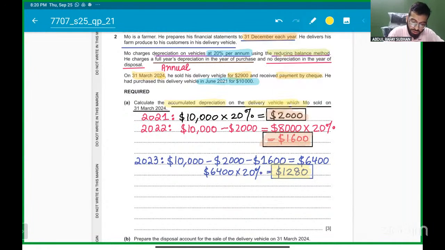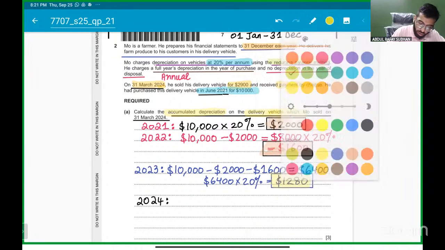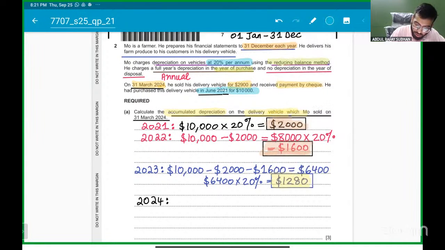And my question to everyone is, do we calculate the depreciation for the year 2024? Because we are selling the asset on 31st March 2024. We bought the asset in June 2021. The date doesn't matter because the month doesn't matter, students. We charge complete depreciation in the year of purchase, and we do not charge any depreciation in the year of disposal.